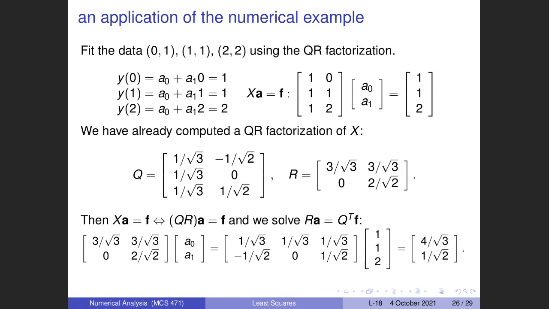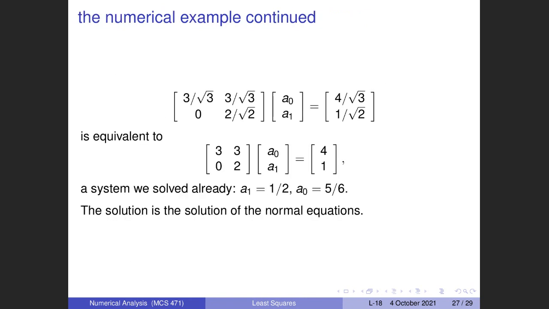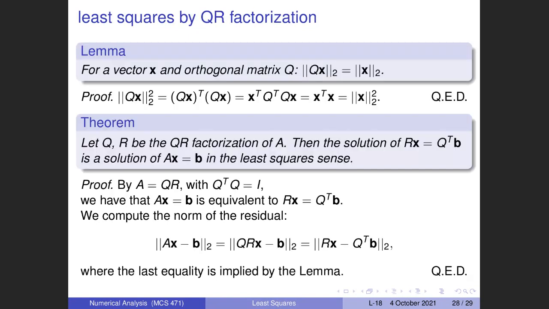So there is then a product to be done with the orthogonal transpose of the Q to get the 2 by 2 linear system. That then is solved. And we have the same solution as with the normal equations.